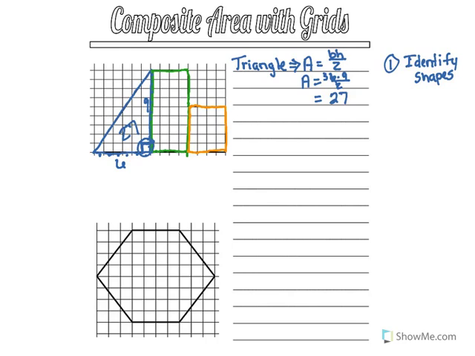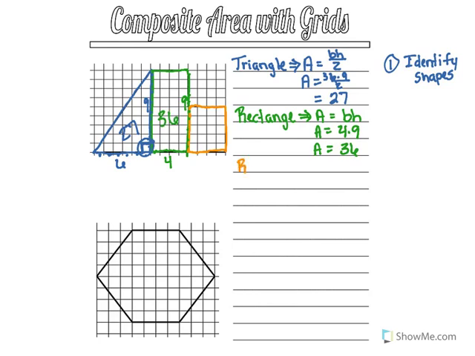Then I have a rectangle, and I know the formula for the area of a rectangle is base times height. I'm finding my base, 1, 2, 3, 4, so that's 4. And my height is 1, 2, 3, 4, 5, 6, 7, 8, 9. So area equals 4 times 9, which is 36. So this area is 36 units squared.